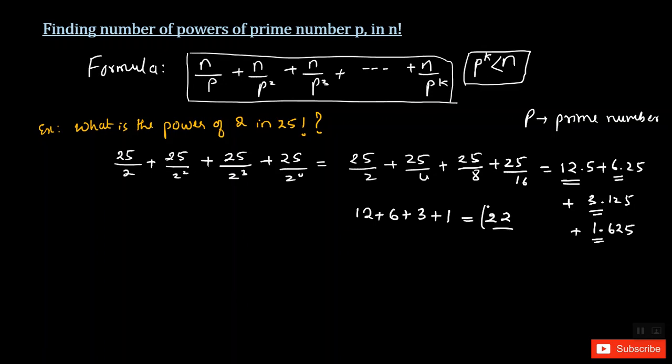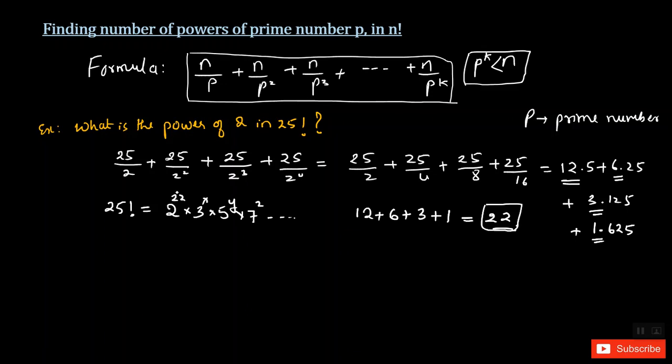So there are 22 twos appearing in 25 factorial. So I can represent 25 factorial as 2 to the power 22 times some other numbers: 3 to the power x times 5 to the power y times 7 to the power z, and so on.